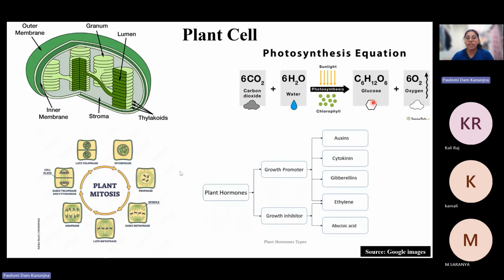And you should remember that photosynthesis takes place in two stages. There is light reaction and dark reaction. The light reaction is the part which talks about the usage of light, how the light is used and how chlorophyll is part of it.